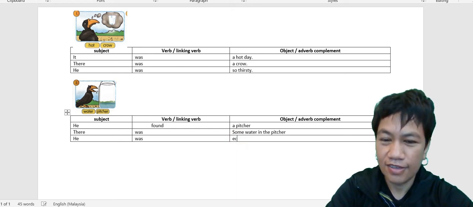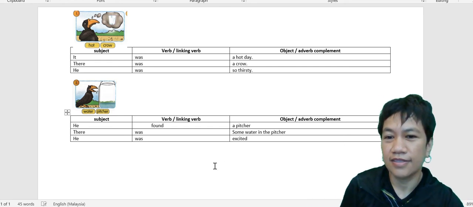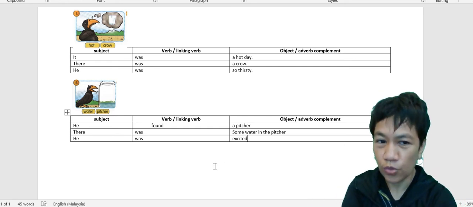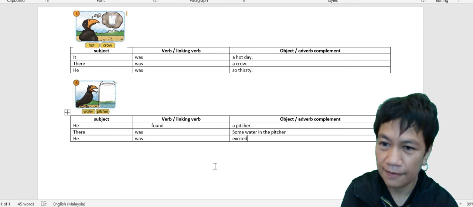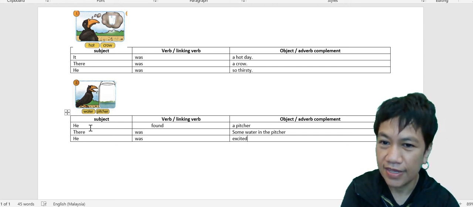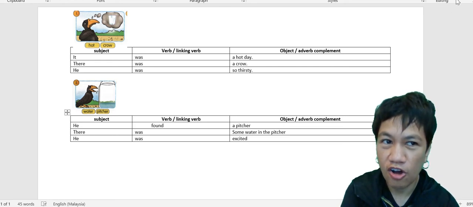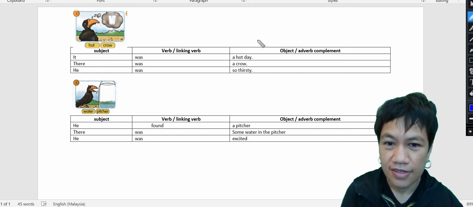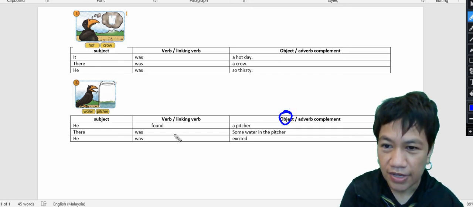Excited. He was excited. So this is for picture number 2. Okay, we look at it again. The subject, he. Found is the verb. A picture is the object.